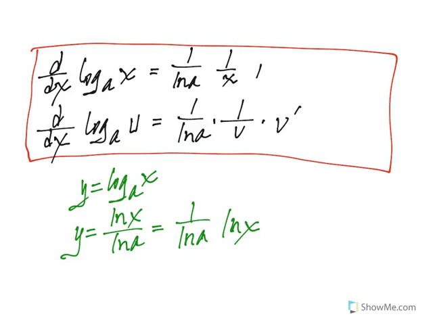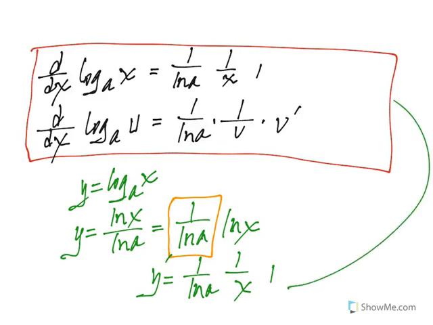And the reason I would write it that way is because, remember, a is a constant, so 1 over ln a is also a constant. So when I derive that, my y prime is going to be equal to the constant out in front, because that is the constant multiple rule, times 1 over what I am logging times the derivative of what I am logging, which gives me the first line up there.